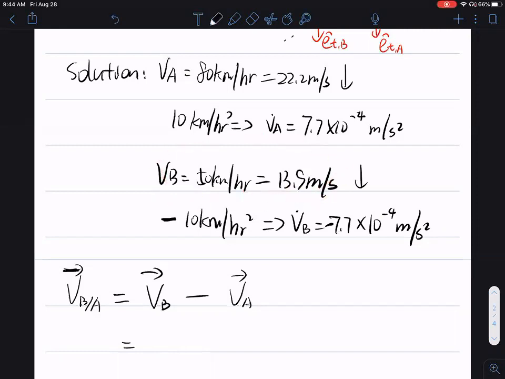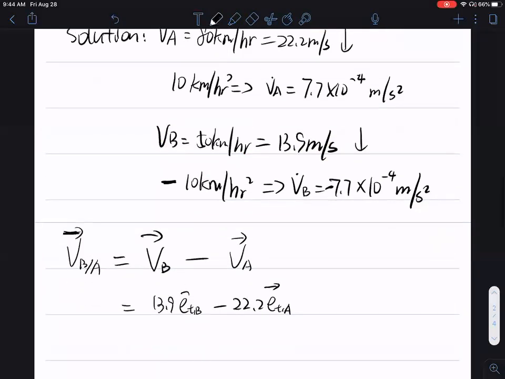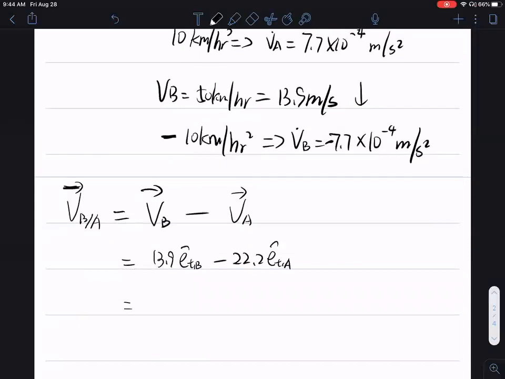So VB is 13.9 ETB minus 22.2 ETA. Since ETA and ETB are the same thing, we can do the vector operation.